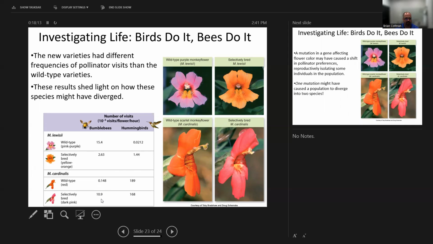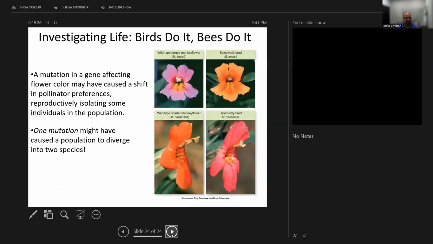But look at how that changes when you get down here to those that are selectively bred from the wild type here. So you can see there is quite a difference in selectivity here. And a mutation in the gene affecting the flower color may have caused a shift in pollinator preferences. So the bees might have preferred one color, whereas the hummingbirds preferred another one.